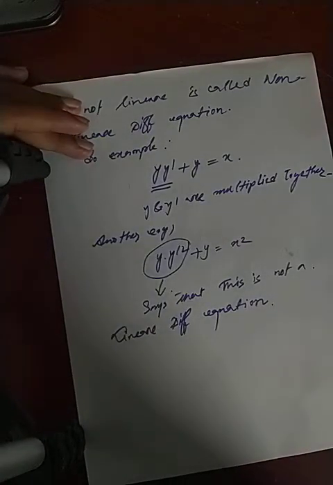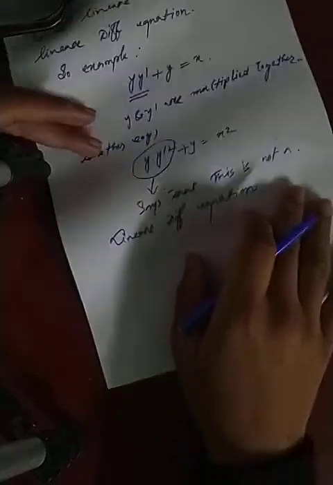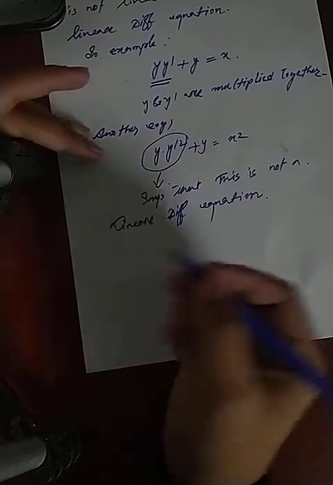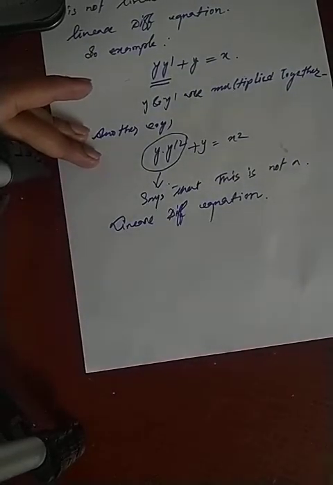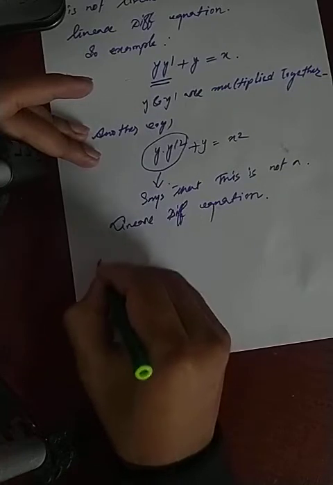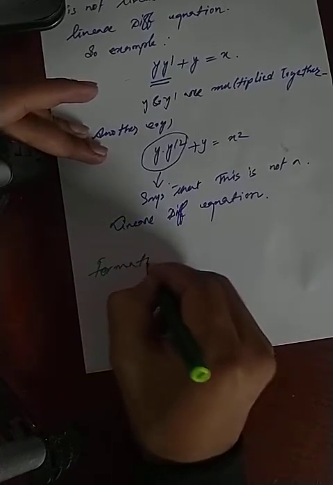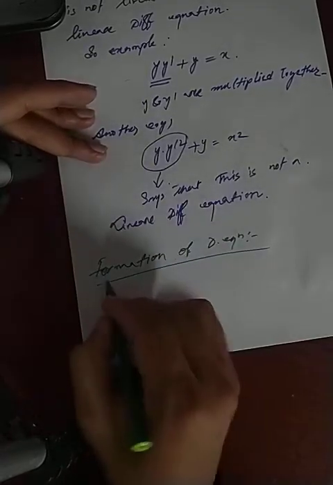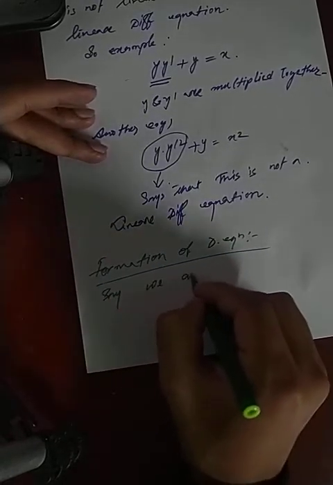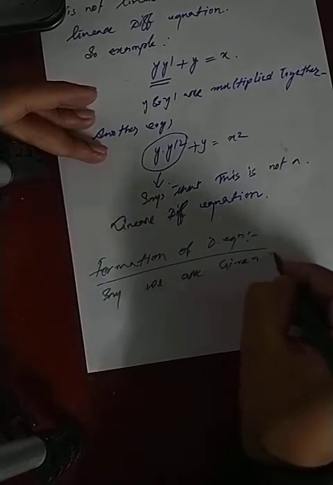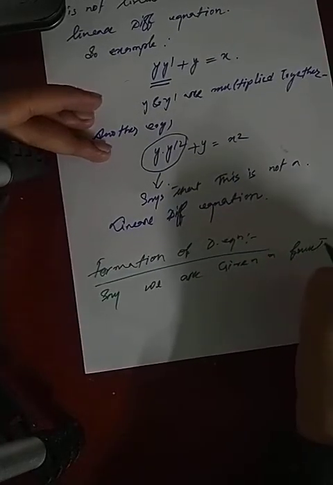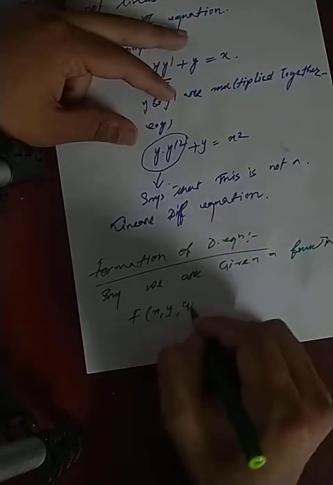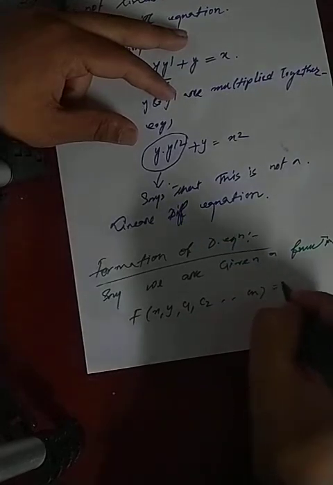Now we'll learn about solutions and the formation of a differential equation, how to form a differential equation. Say we are given a function f of x, y, and c1, c2 up to cn is equal to 0.